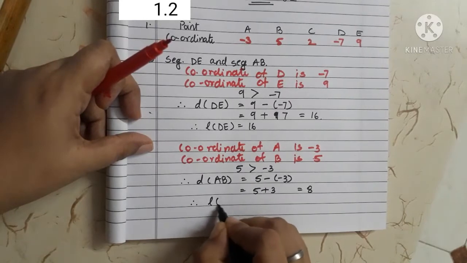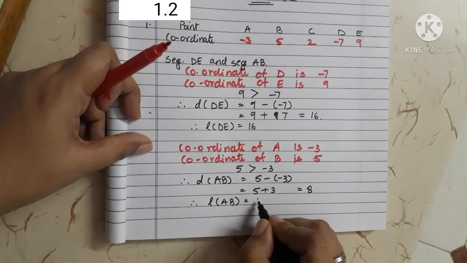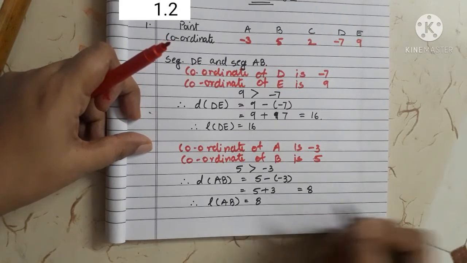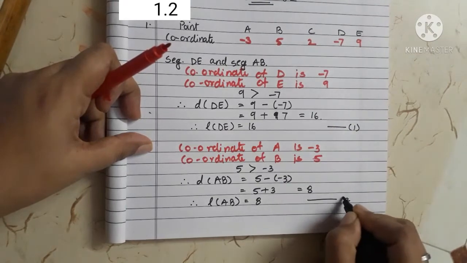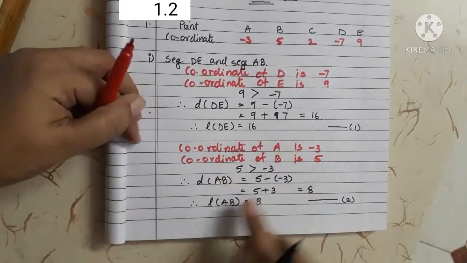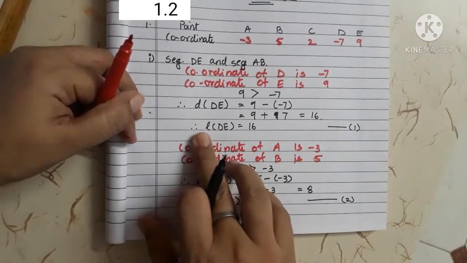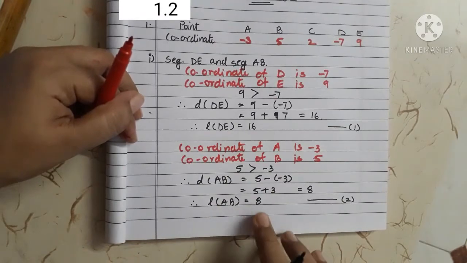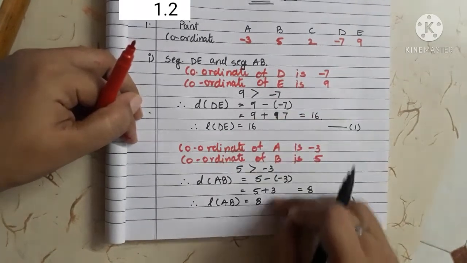Therefore, distance of AB is equal to 8. This is 1 and this is 2. So children, what did you come to know? Distance of DE is 16 and distance of AB is 8. Or the length of DE is 16 and length of AB is 8. Are these two numbers same? No, these two are different.